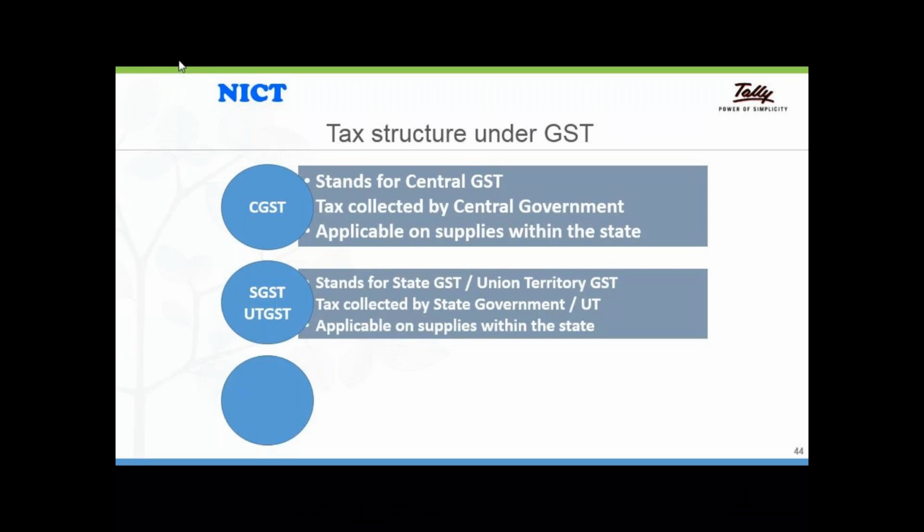So the first two are applicable on supply within state. You will come to know gradually. If you have any copy of the invoice when you bought a cell phone or laptop, anything which was under GST, closely observe the invoice, the bill the company gave you.